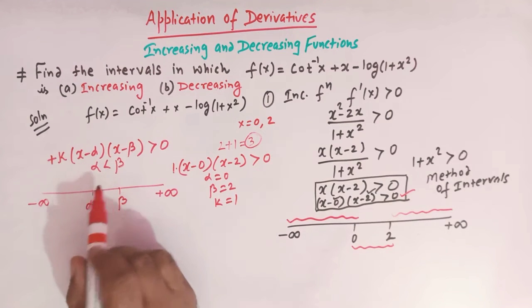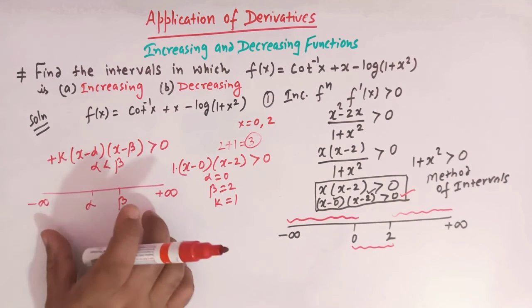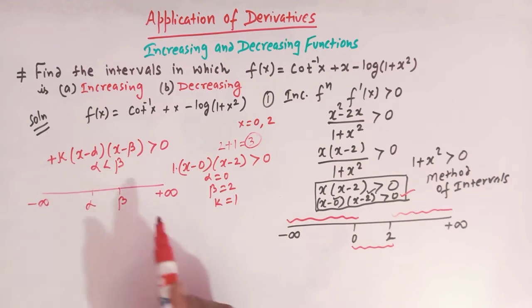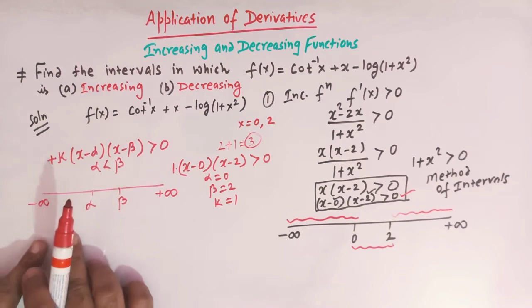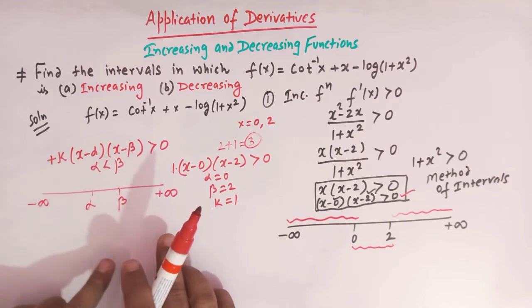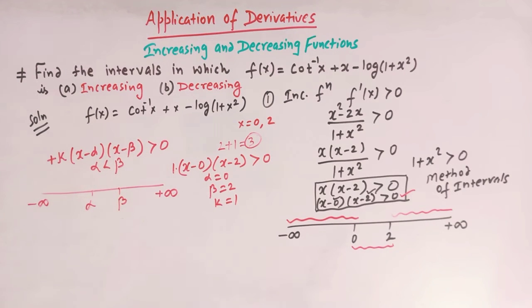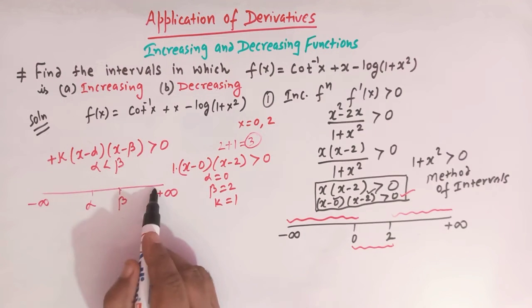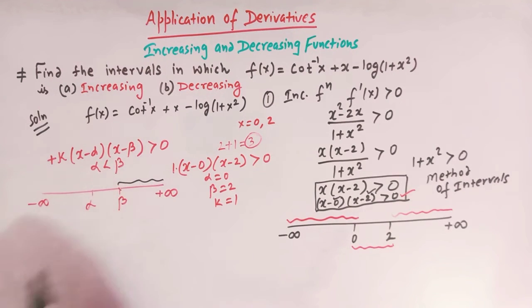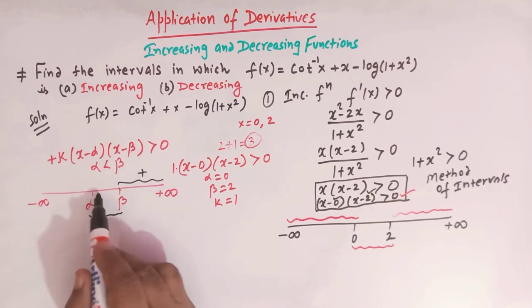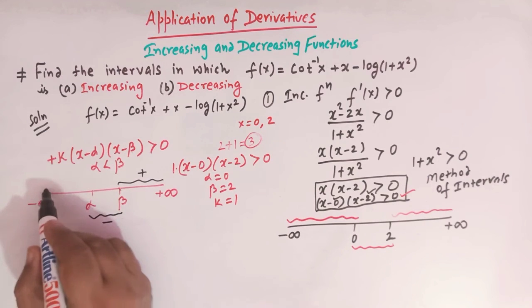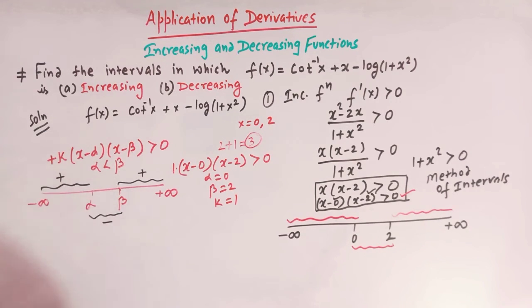To split the real number line into increasing and decreasing intervals, we start from the rightmost interval and take it as positive, and then alternatively take negative sign and then positive sign.